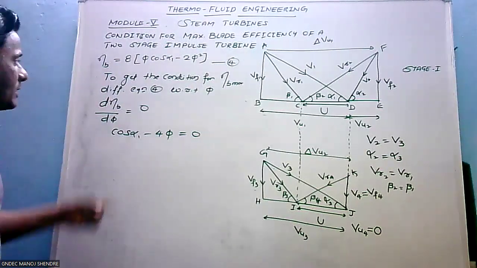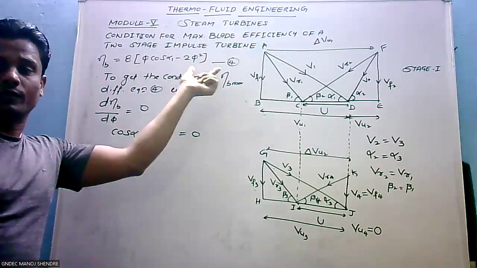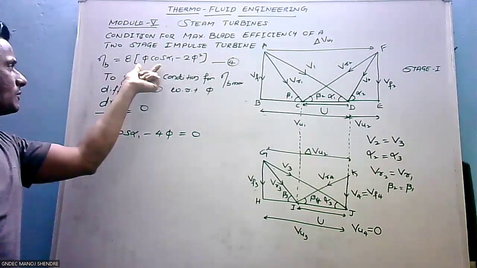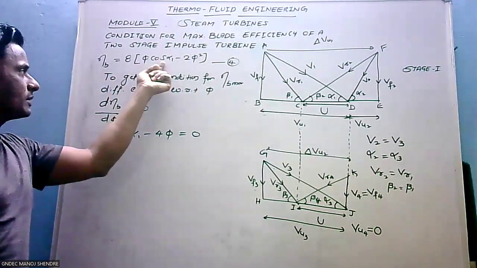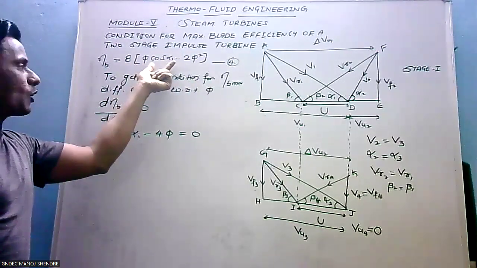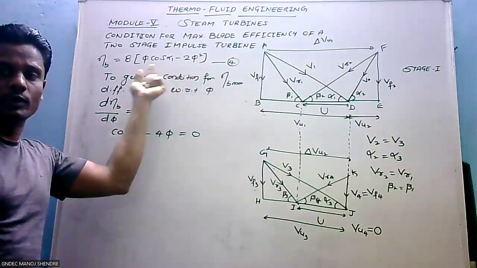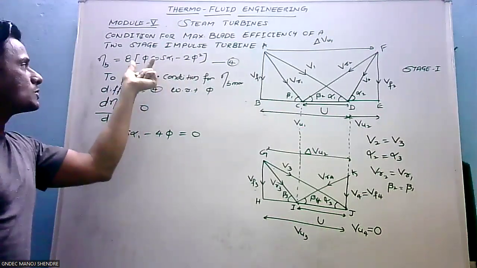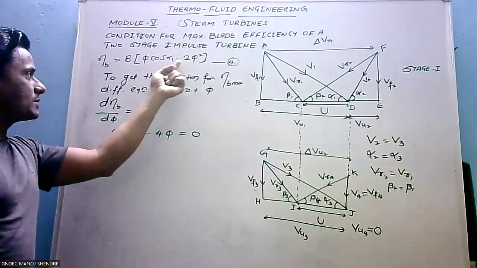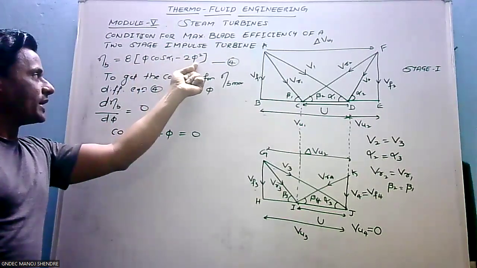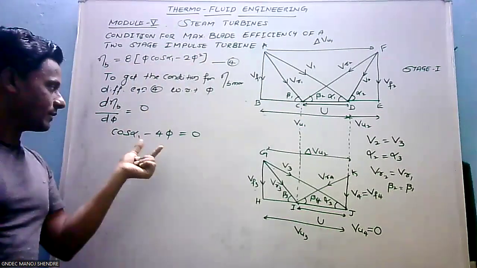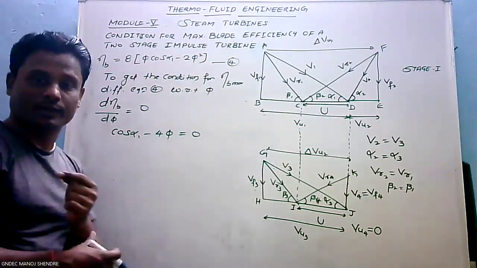I repeat once again: as we are differentiating with respect to phi, cos alpha 1 is a constant term. The only variable is phi, so cos alpha 1 remains as it is, minus the differentiation of 2 phi square with respect to phi, which is 4 phi, equal to 0.